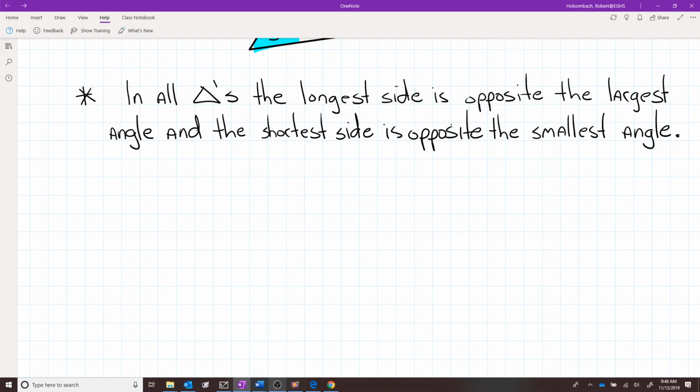In all triangles, the longest side is opposite the largest angle, and the shortest side is opposite the smallest angle.